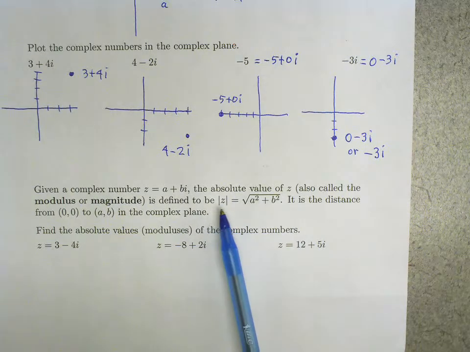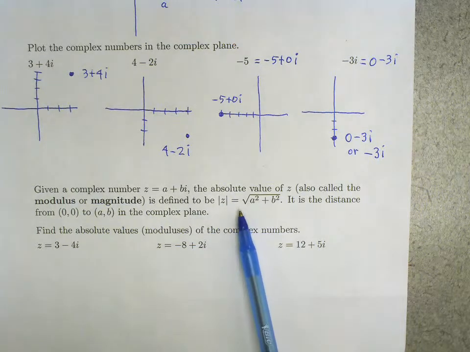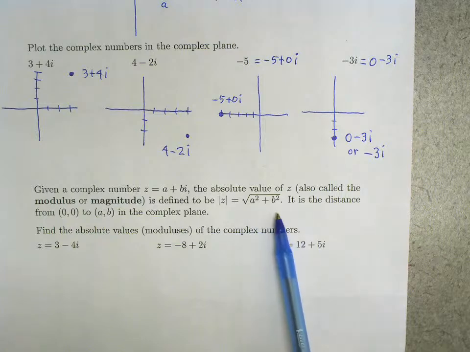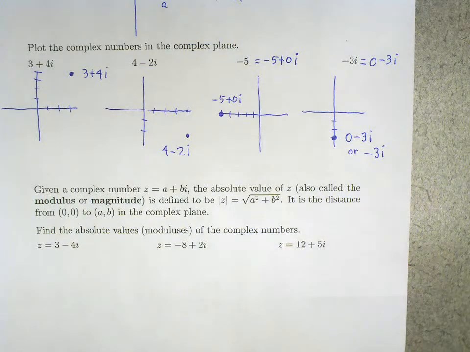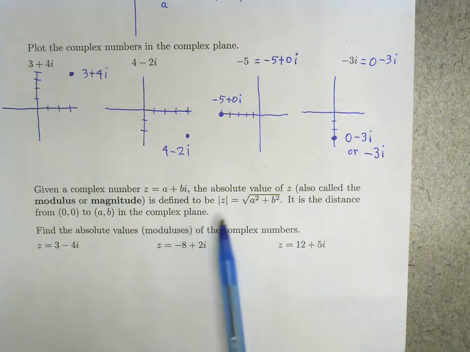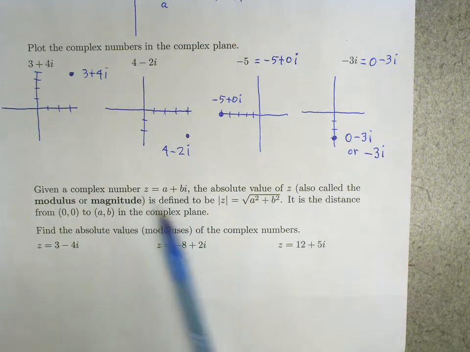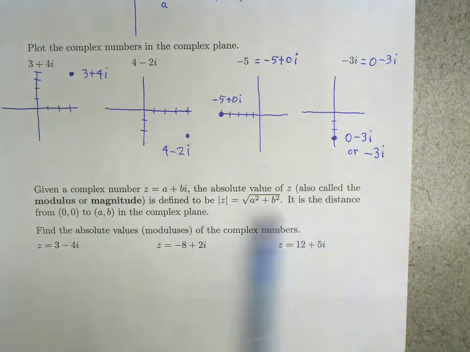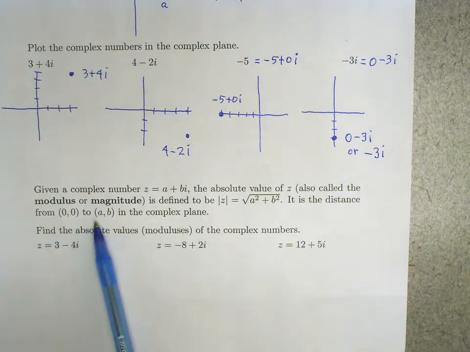So the absolute value of z is the square root of a squared plus b squared. The modulus, or the absolute value of a complex number, is the distance from the point 0, 0 to the point a, b in the complex plane.